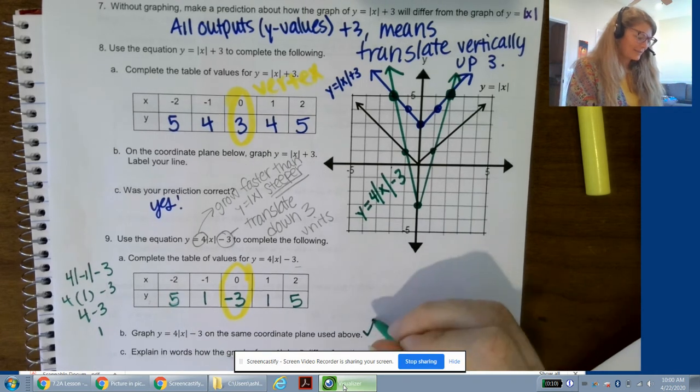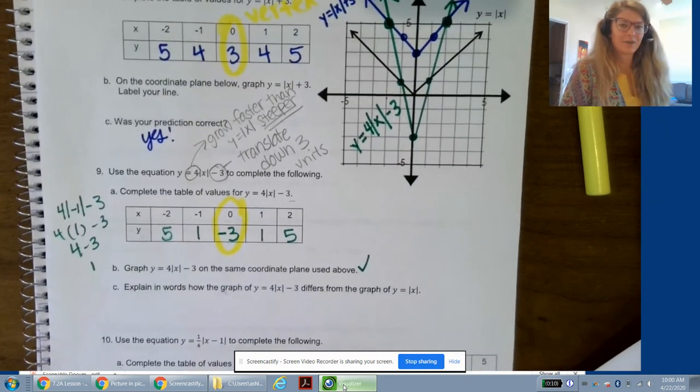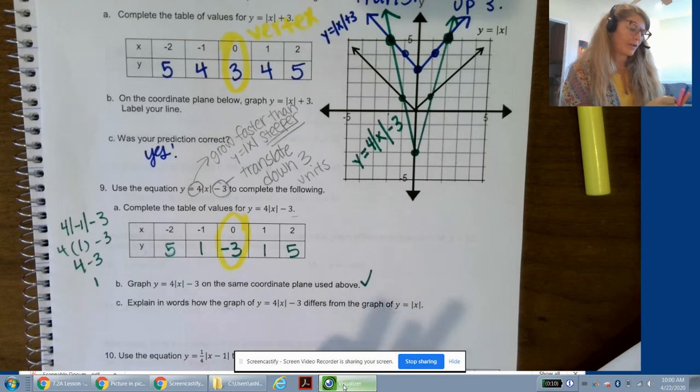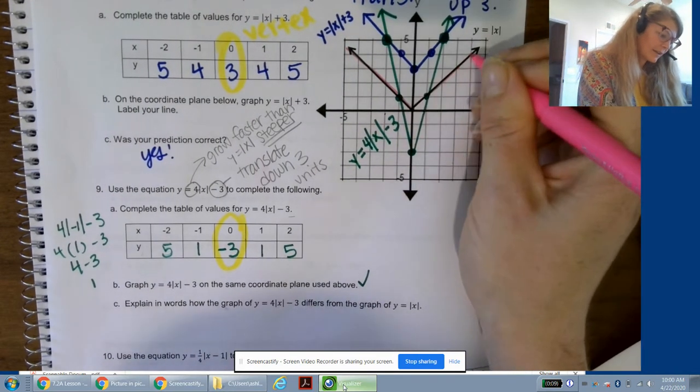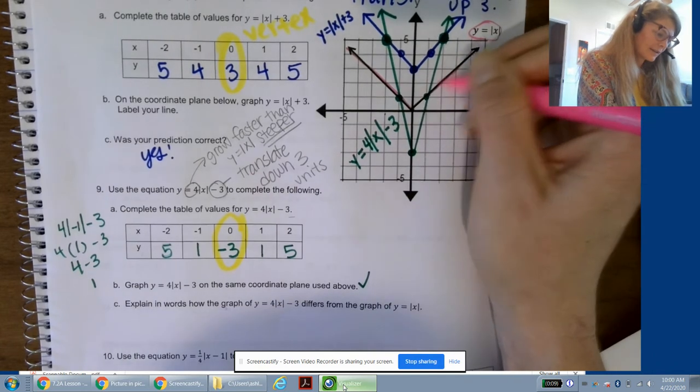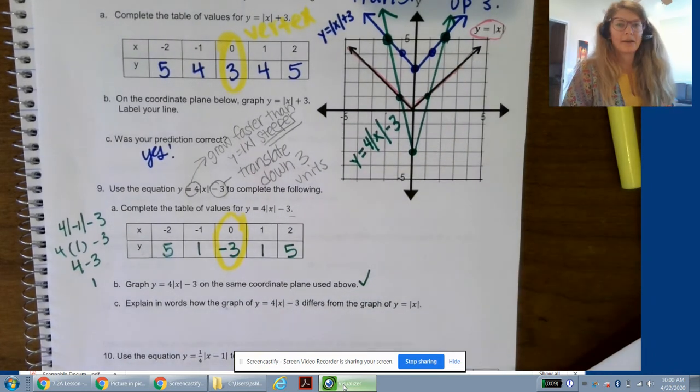So we graphed it, and now we explain in words how it differs from our parent function. So remember, our parent function is y equals absolute value of x. I like to make it pink just so we're consistent with my notes. Taking a look here, explain in words.